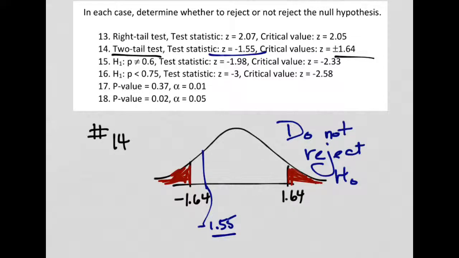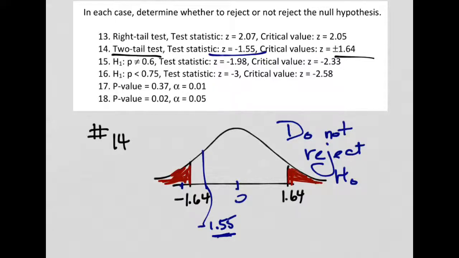Because we're saying that negative 1.55, maybe it's not right at the center, but it's not far enough into the tail to have us determine that there's a significant difference between this value and the value that we're testing in the null hypothesis. Okay, so that's number 14.